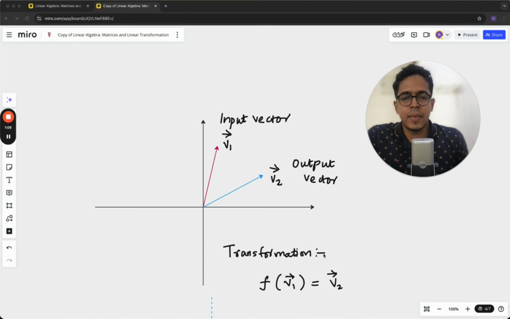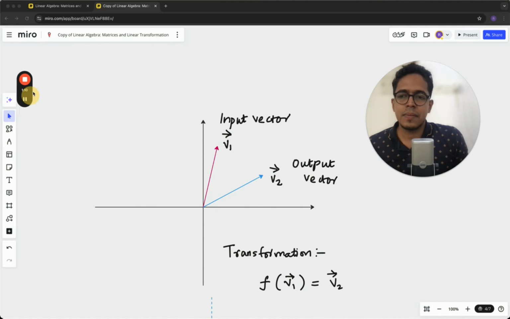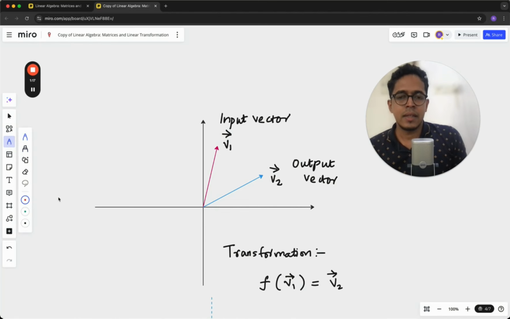into v2. So please note that in this lecture, I'm not strictly following the convention of what should be input vector and what should be output vector, as in I may be using the notation u or v interchangeably for input or output, but wherever I'm using v as the input vector or u as the output vector, I'll be very clearly defining what is input and what is output.